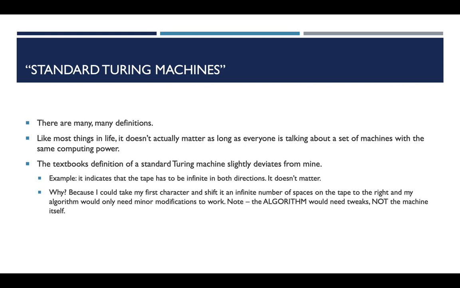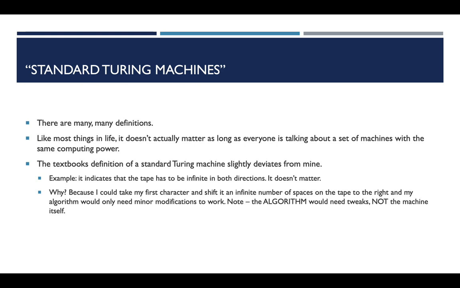If you want to reason about why they could be equivalent, think about what would happen if we took my Turing machine, which is bounded on the left end of the tape, and we picked the input up and shifted it to the right by some arbitrarily large, maybe even infinite, number of spots. Now we suddenly have the exact same input on my machine that locally looks exactly like the machine the textbook is explaining. Note that we don't have to modify my machine at all to make that conversion.